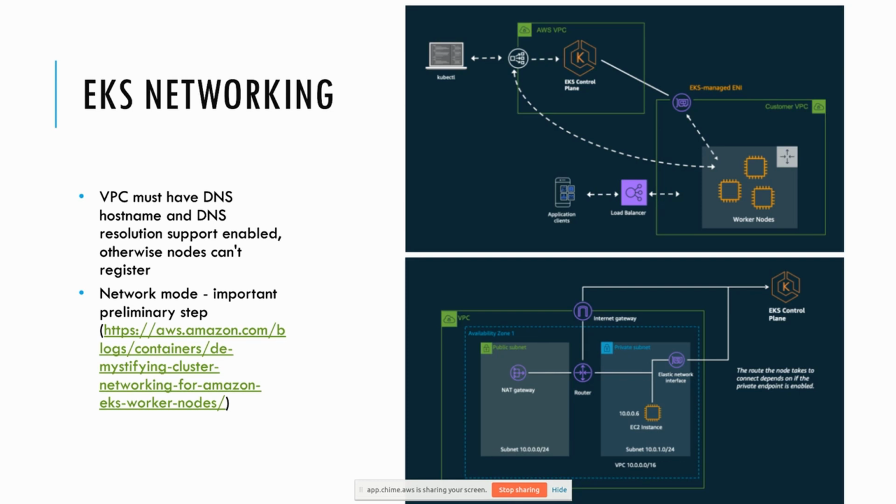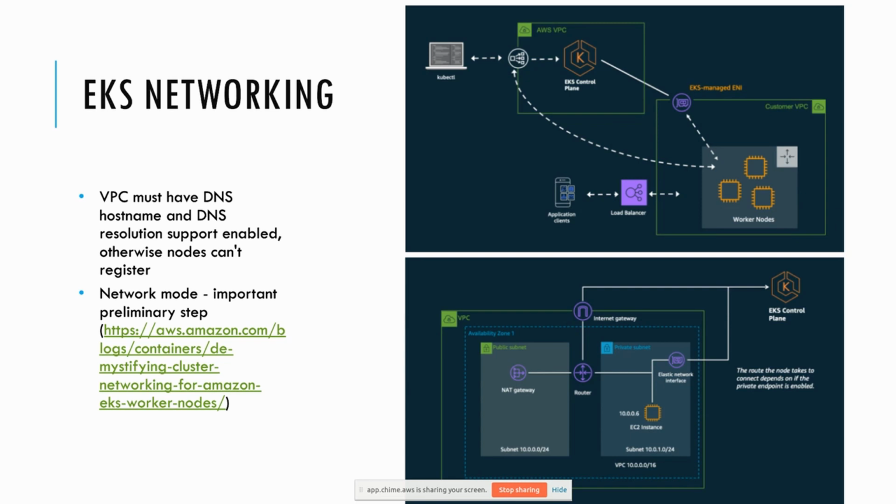Okay, now when setting up an EKS cluster, a couple of important steps would be, with regards to your VPC, you need to have your DNS hostname and resolution support enabled, so that the nodes can actually register to the control plane. And then another very important step would be you need to decide on a networking mode. Your networking mode is essentially deciding on the accessibility to the API server for your cluster.